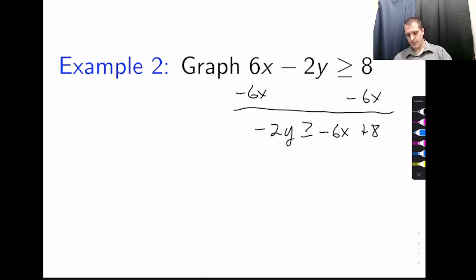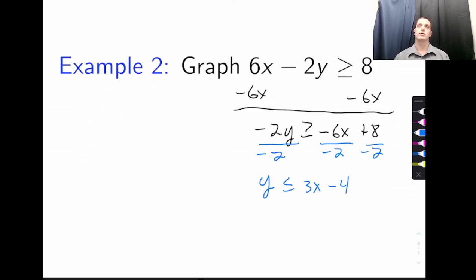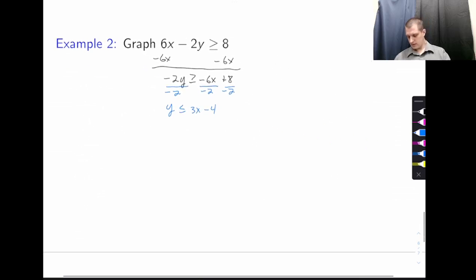We're going to divide by a negative 2 this time. Last time we didn't divide by a negative, so the sign stayed the same. This time we are dividing by a negative, so we need to flip the sign, and we get y is less than or equal to 3x minus 4. Okay, cool. No fractions. This should make the graphing a little bit easier.